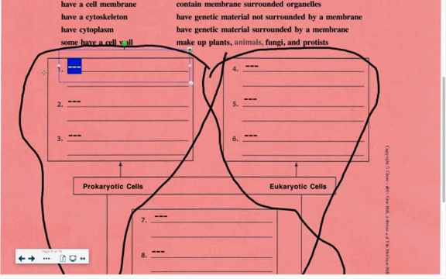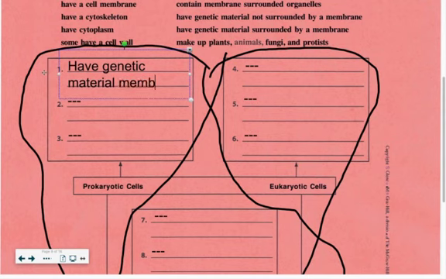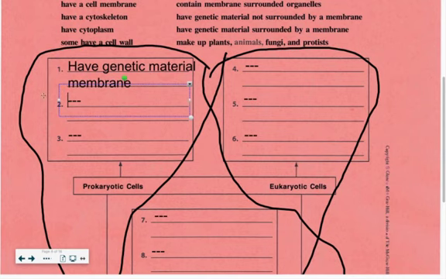It has genetic material, not surrounded by a membrane. It does not have many cell parts.